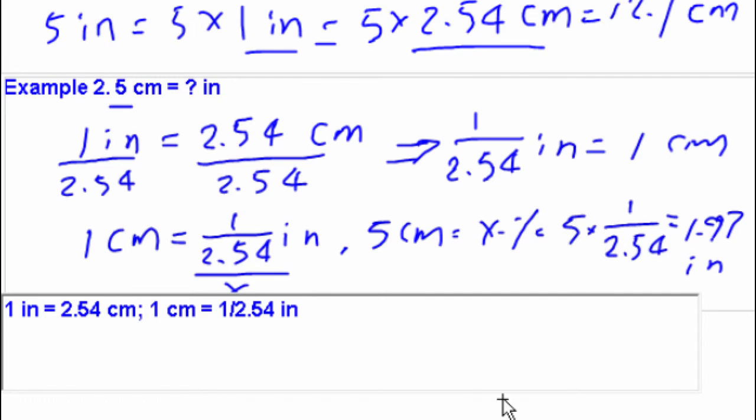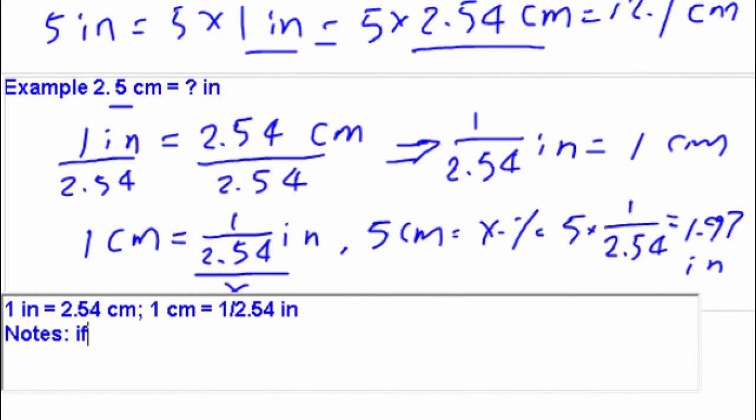So the conversion factor that converts inch into centimeter is actually the reciprocal of the conversion factor that converts centimeter into inches. And that holds true for pretty much all other units in terms of mutual conversion.